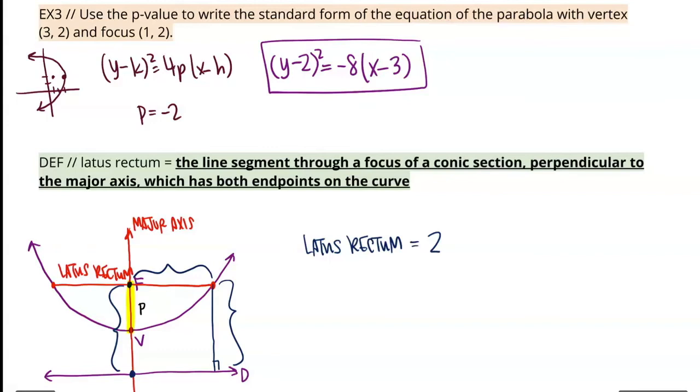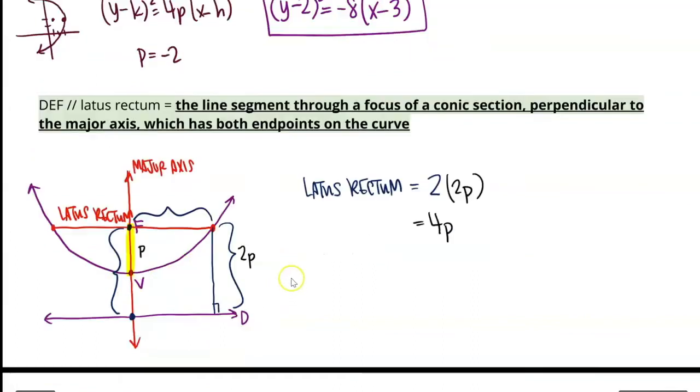So the distance from the focus to the directrix is going to be 2 times that. So each of these is 2p. And then the length of the latus rectum is going to be twice that. So it's 2 times 2p, or has a length of 4p. So let's see if this is going to help us. This actually helps us get a better idea of the shape of our curve, of how wide we need to make it. This will help me for sure.